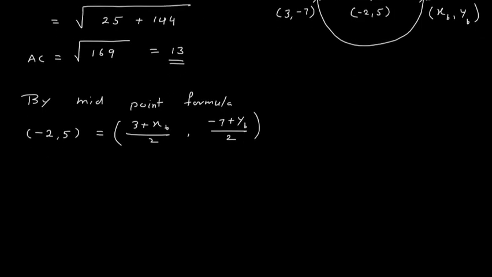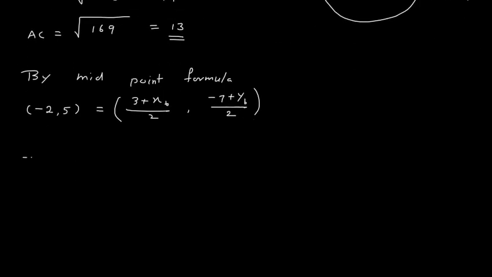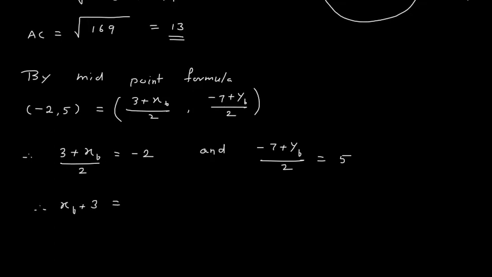Okay, so by comparing, I will say that (3 plus xb) upon 2 is equal to minus 2, and (-7 plus yb) divided by 2 is equal to 5. So this will give me xb plus 3 is equal to minus 4, and yb minus 7 is equal to 10.